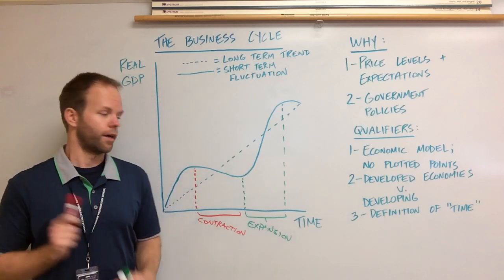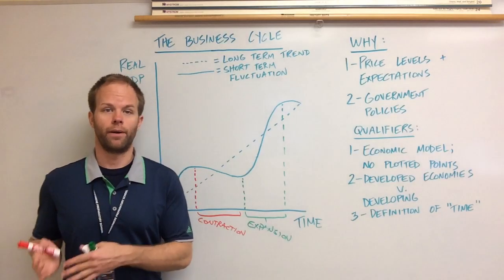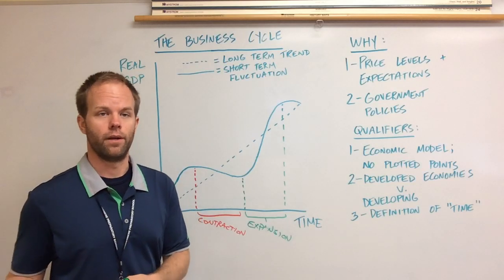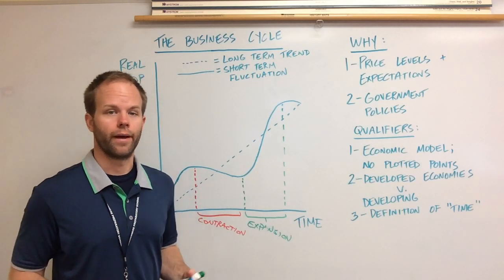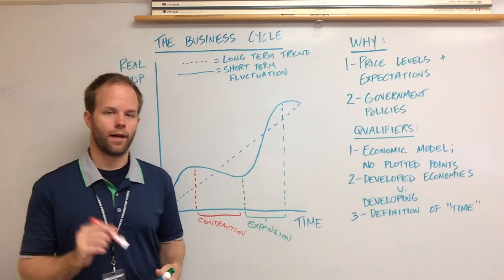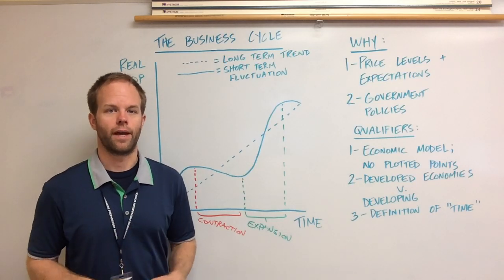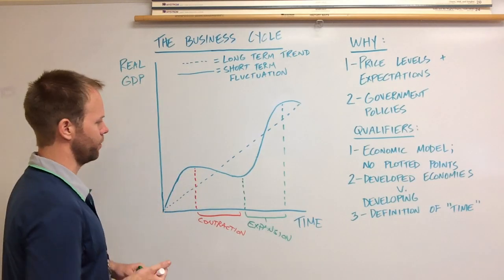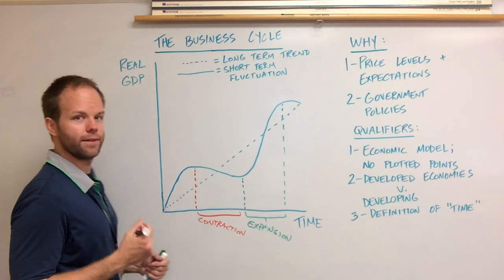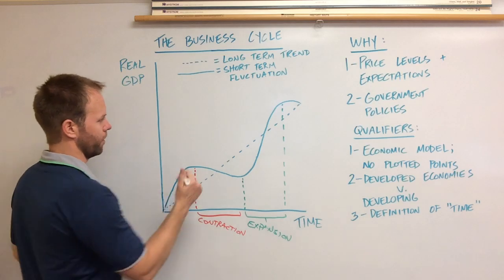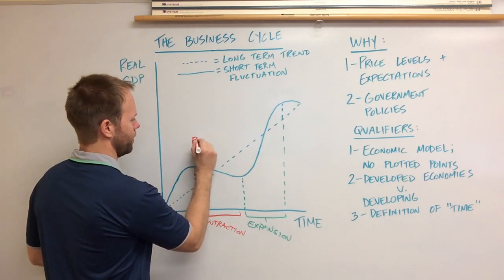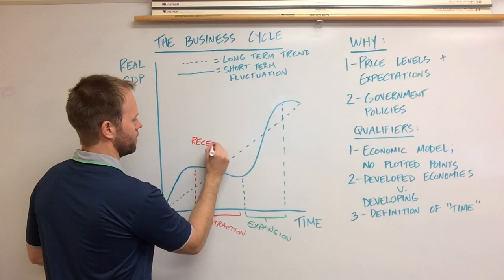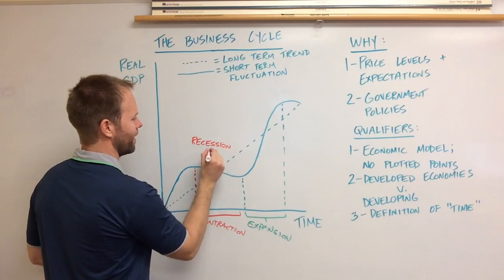So a contraction just simply means that during a period of time there has been a decrease in overall economic activity, but the time frame is important here with at least the next word that we're going to use. Okay? One of the first stages that we need to think about in the business cycle is the idea of a recession.